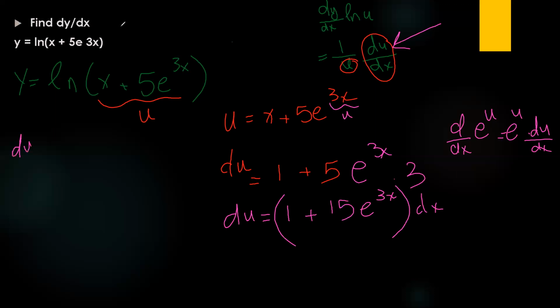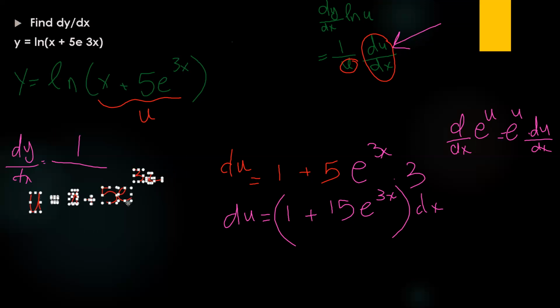So dy over dx will be 1 over u. Where is u? This is u. Let's bring it here, times du over dx.